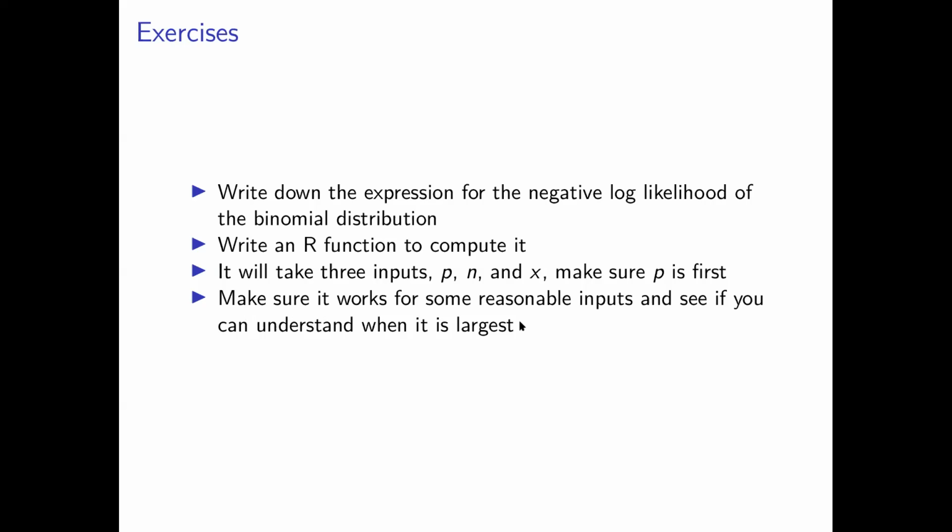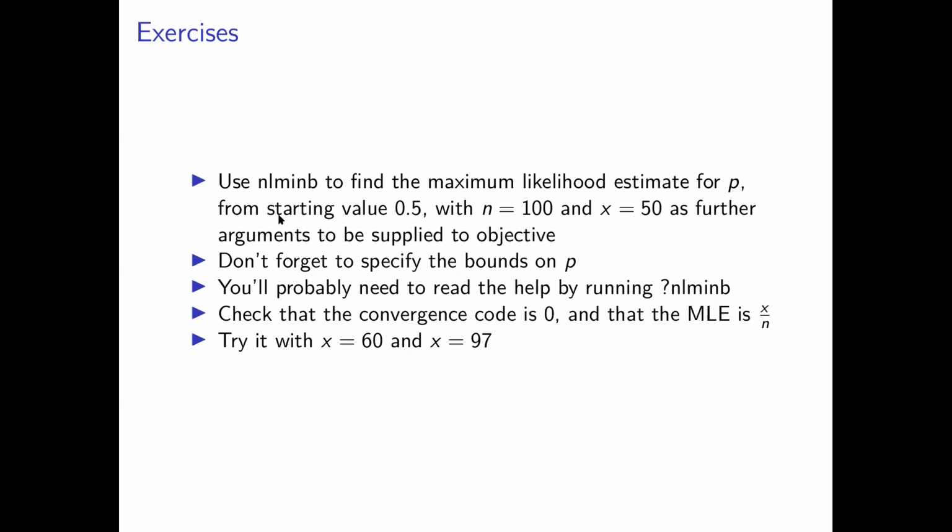Make sure that it works for some reasonable input values, and try some different values and see if you can understand when the value is the largest, or I should say the smallest, because it's the negative log likelihood. And then try to use nlminb to find the maximum likelihood estimate for P. You can use the starting value of 0.5.